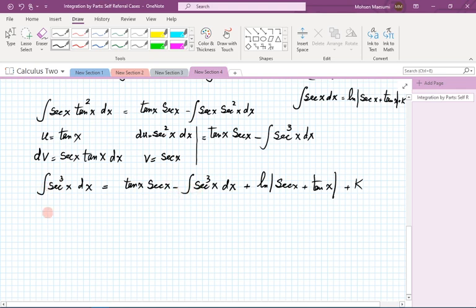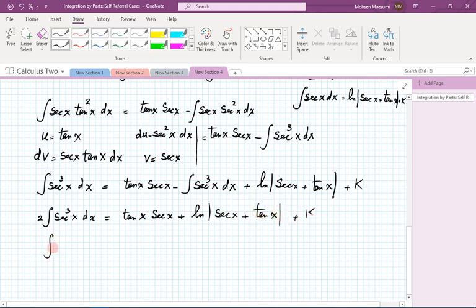When I bring it back here, I have 2 times the integral of secant cubed of x dx. This is tan x secant of x plus logarithm of secant of x plus tangent of x, and then a constant that we had.